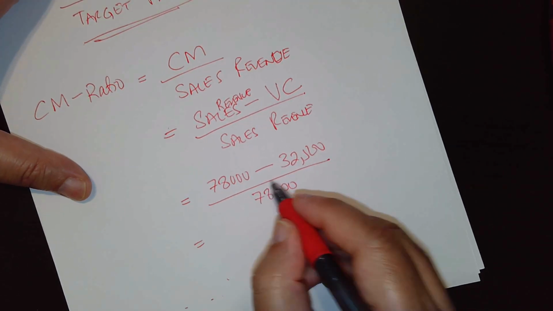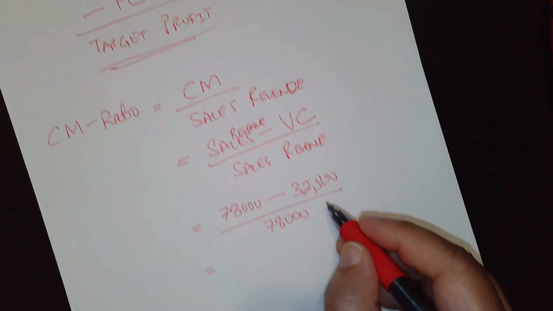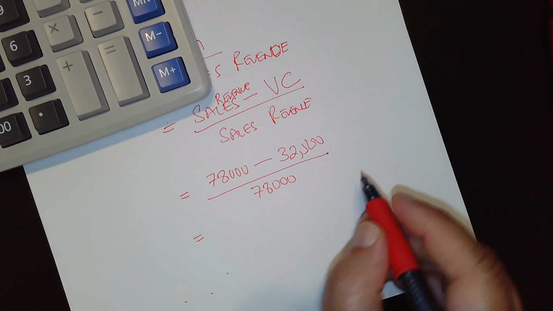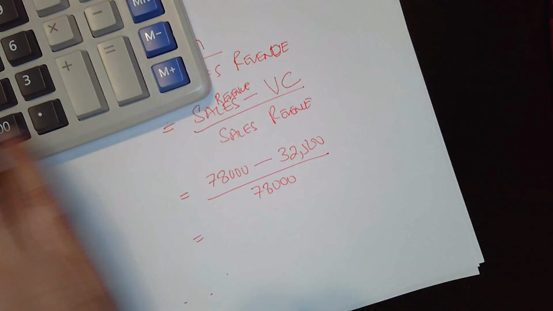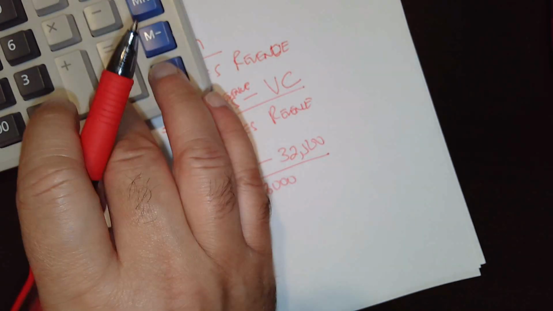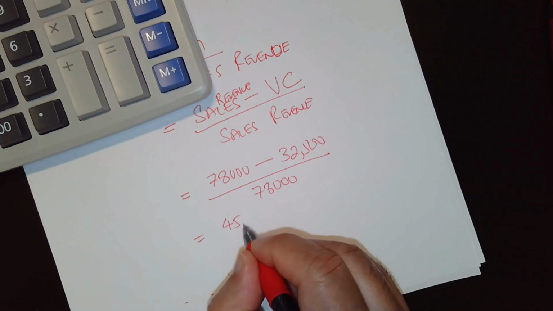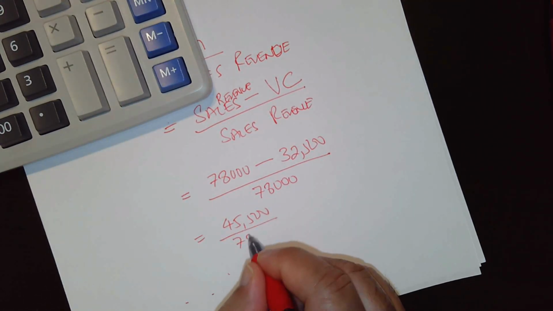So 78,000 minus 32,500 is 45,500, divided by 78,000.